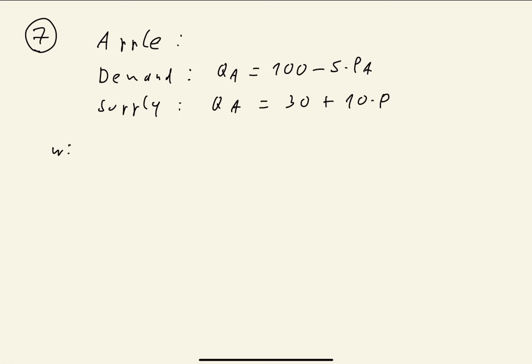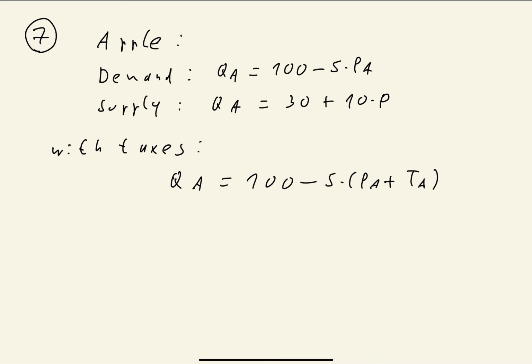With taxes, there will be a change in the demand function: it's 100 minus 5 times PA plus TA, where TA is the tax on apples, and the supply side will remain unchanged.